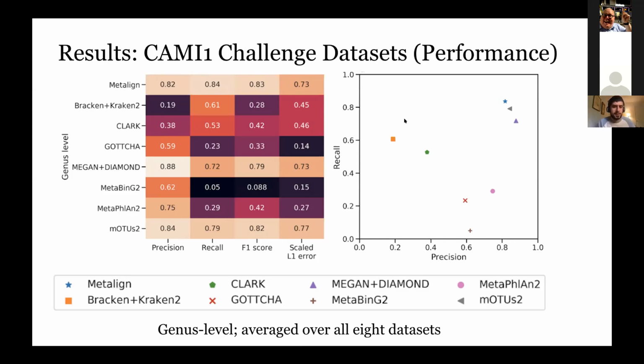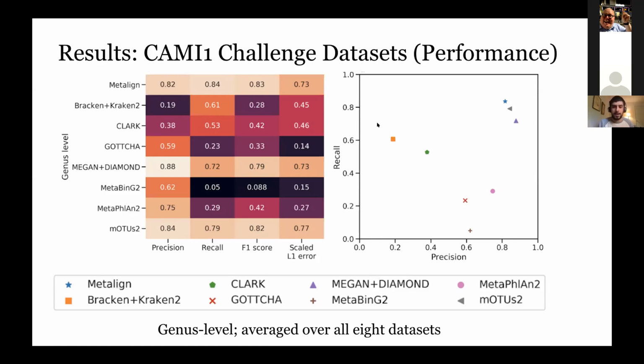Other methods, I mentioned Bracken, Kraken2, and Clark, these k-mer-based methods. I should mention here that we applied a 0.01% abundance cutoff threshold, meaning we excluded organisms with below 0.01% abundance, which is kind of necessary to be fair to these methods, because they generate thousands of these extremely low abundance organisms.